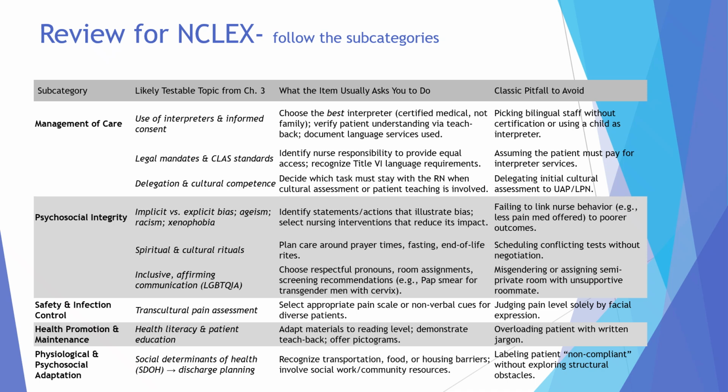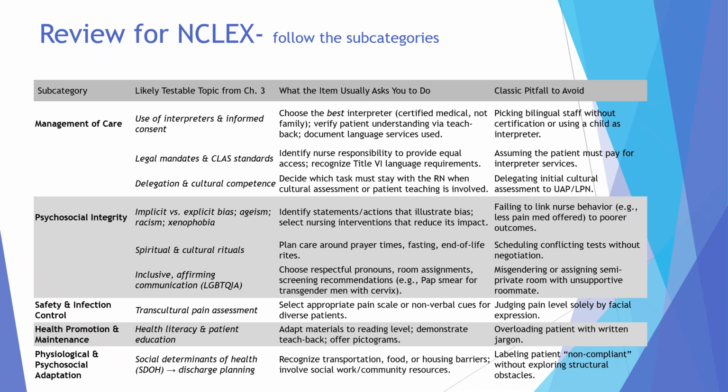The second subcategory for the NCLEX is psychosocial integrity: implicit versus explicit bias, ageism, racism, xenophobia. We learned this in the keywords. You need to identify statements and actions that illustrate bias, and select nursing interventions that reduce its impact.